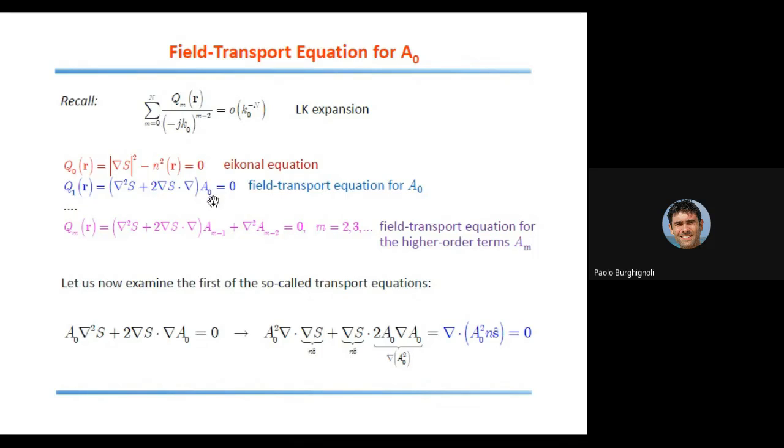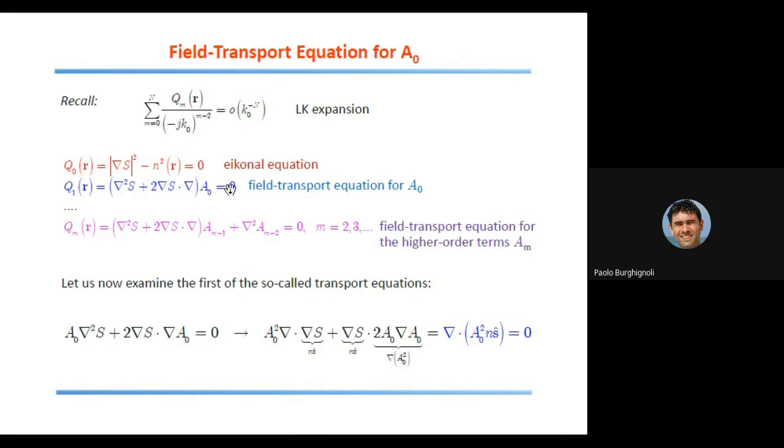This equation involves A0 and also the Iconal S. So first we solve the Iconal equation, then we know the Iconal function S, and we use this in the field transport equation, which is now to be seen as an equation in the unknown A0. A0 is the first of those infinite set of coefficients which are the numerators in the Luneburg-Kline expansion.